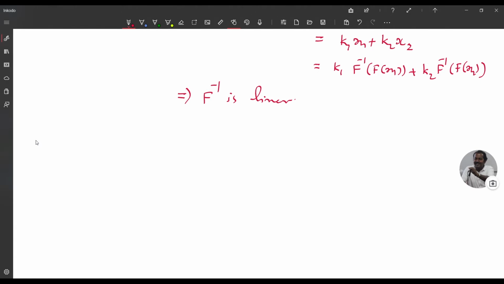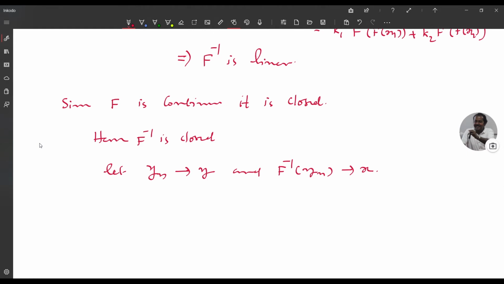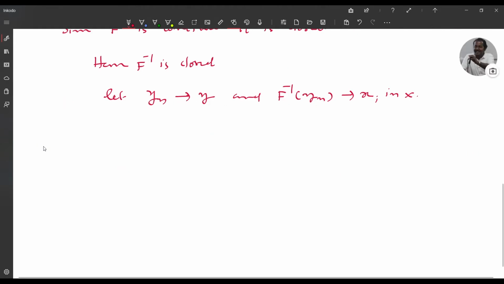Since f is continuous, it is closed. Hence f inverse is closed. You can prove that f inverse is closed. Let yn converge to y and f inverse of yn converge to x in X. Let xn equal f inverse of yn.